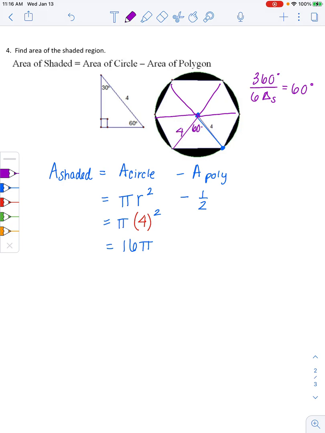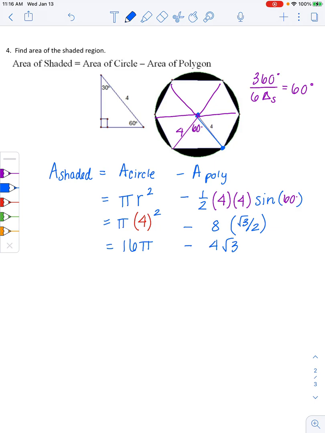Each radius is 4. That's true about a circle. So using my formula, A is 4, B is 4, and I'm finding sine of the angle of focus, 60 degrees. Here you'll get 8 times sine of 60, root 3 over 2, which gives you 4 root 3.